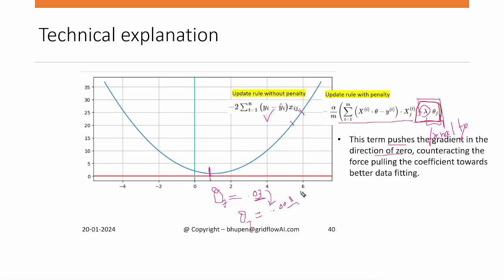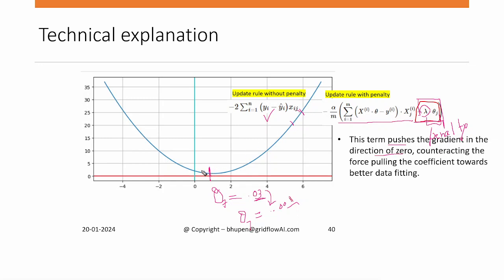So with the regularization term, what is happening is the trade-off between the training error and the penalty term. Since we added the penalty term, the training error is not going all the way down to the minimum point.